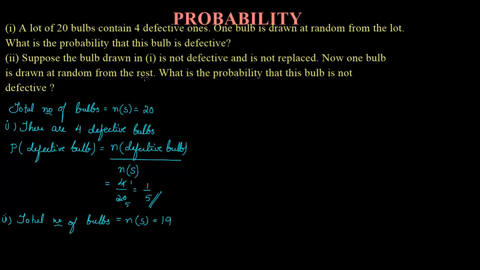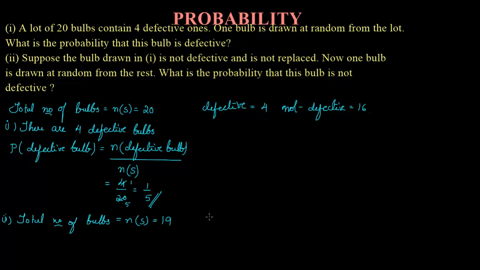What is the probability that it is not defective? So, and they have said you clearly the bulb which have been taken from the lot, you need to consider it as not defective. So how many defective bulbs were there before? Defective 4 and not defective, how many were there? 16. Now the total number has also changed.